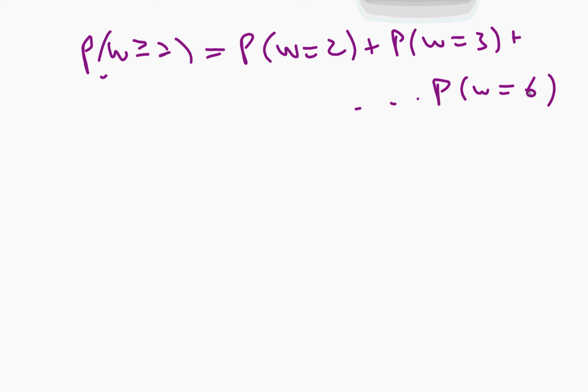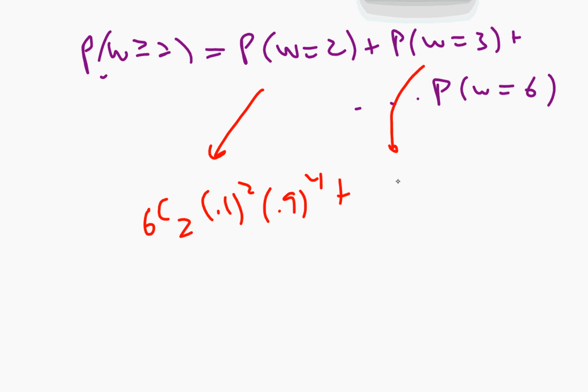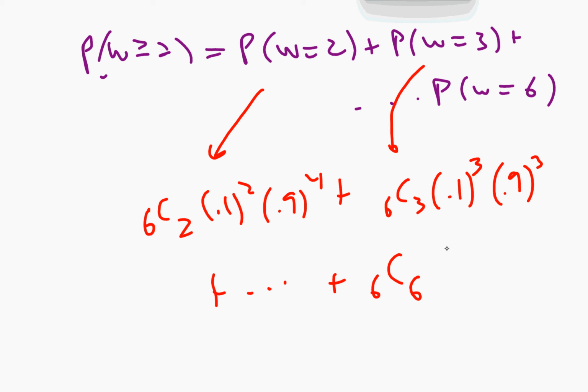From a formula point of view, we'd have to do 6 choose 2, 0.1 to the 2, 0.9 to the 4, plus the next one, 6 choose 3, 0.1 to the 3, 0.9 to the 3, plus dot, dot, dot. And finally, at the end, you get 6 choose 6.